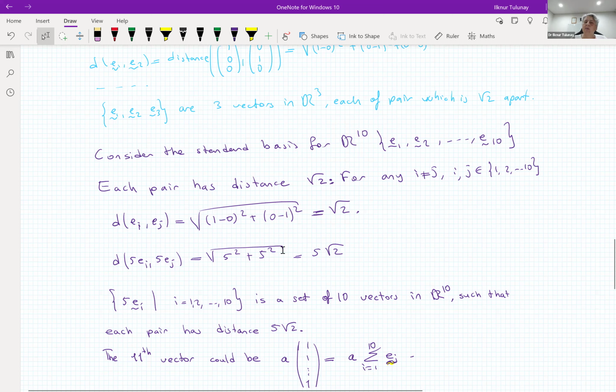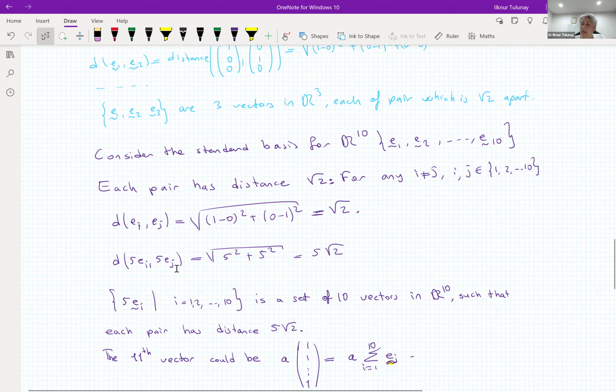So I need to think about other vectors similar to the standard basis vectors, but I need to change them a little bit so that I will find the 5 root 2. So this is a test. I'm asking myself, what will happen if I take the 5ei, 5ej vectors as the vectors that I'm searching for?